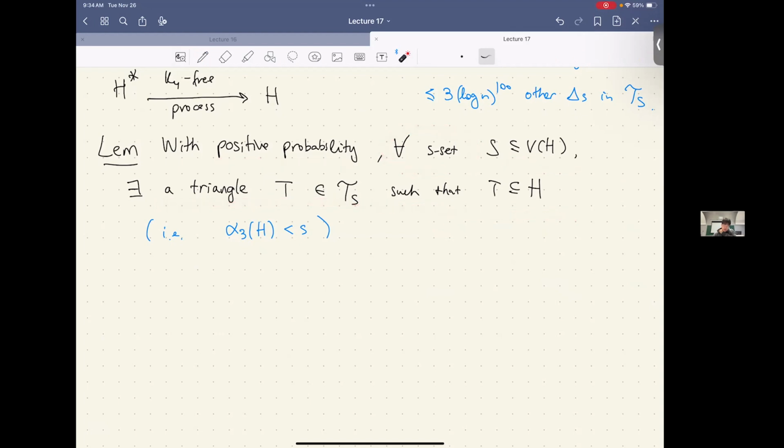That just requires proving that for a fixed S set, this holds with very high probability.